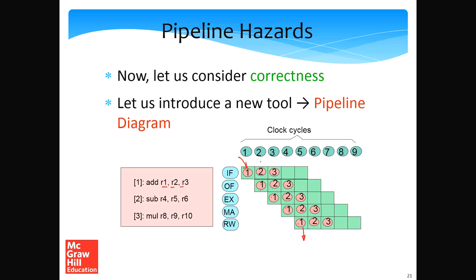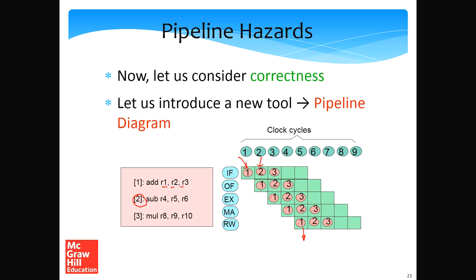Similarly, we have instruction 2. This instruction enters the pipeline in the next cycle, so it enters the pipeline in cycle number 2.